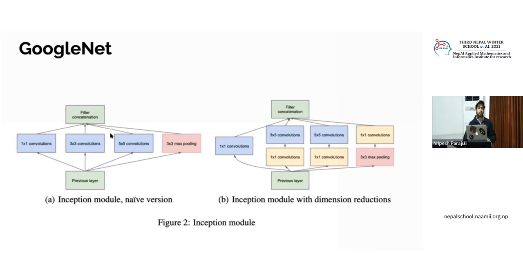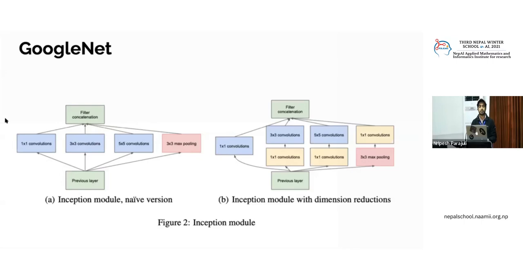Previous networks until this era had the idea that in the same layer you should only have features of the same complexity and hierarchy.